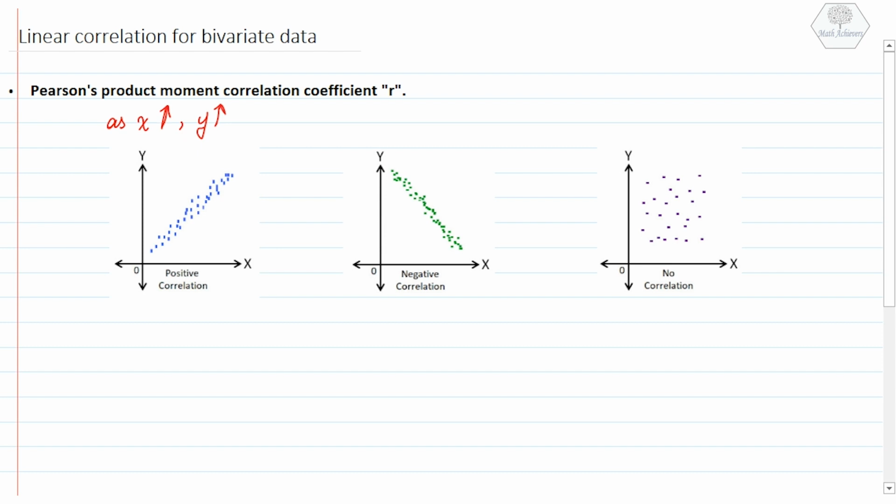As the value of x decreases, the value of y decreases as well.